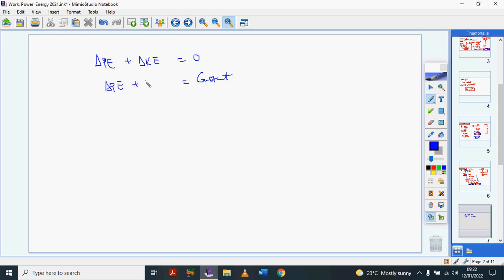So potential energy 1 plus kinetic energy 1 is equal to potential energy 2 plus kinetic energy 2 is equal to potential energy 3 plus kinetic energy 3, and so on and so on. Because the energy is conserved, this sum of the energy of the system will remain the same.